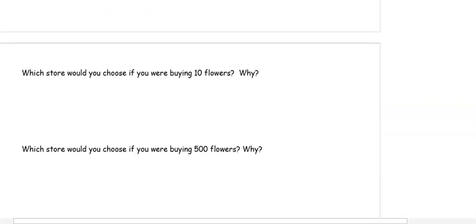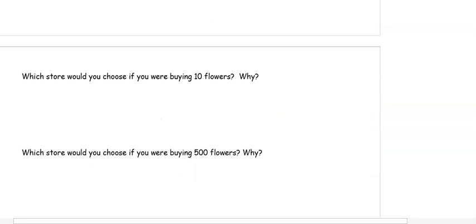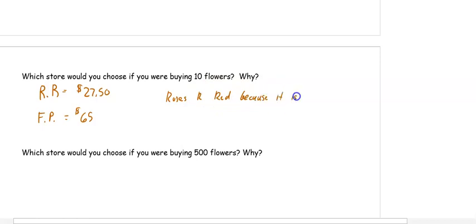So let's look at two situations. Which store would you choose if you were buying 10 flowers? If we were buying 10 flowers, and we look back at our table, Roses Are Red costs $27.50. Flower Power costs $65. So if we were trying to figure out which one is the better place to buy from, we would pick Roses Are Red because it is cheaper.